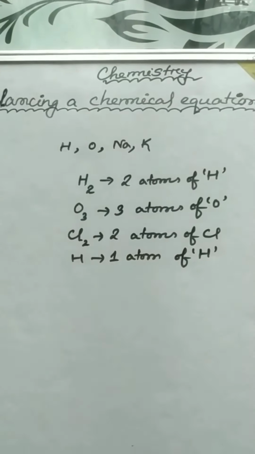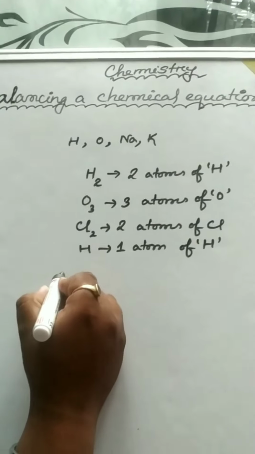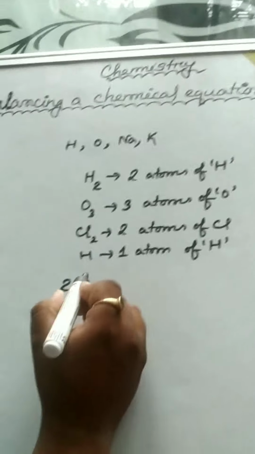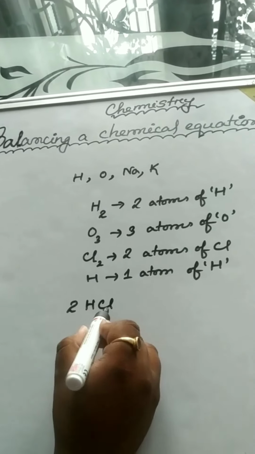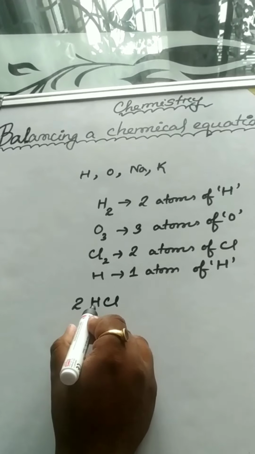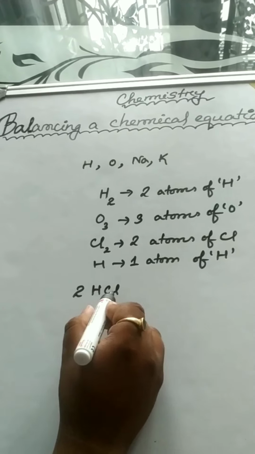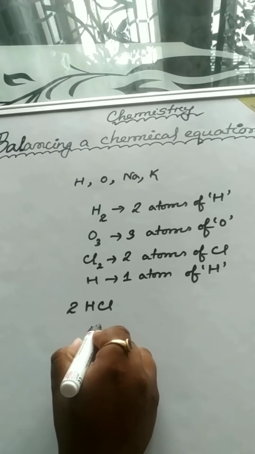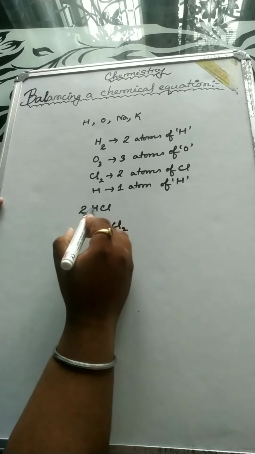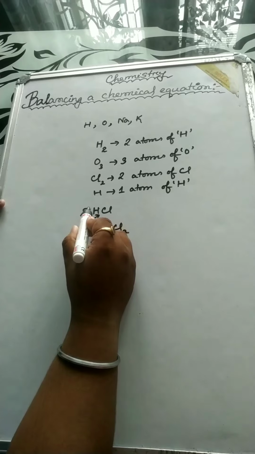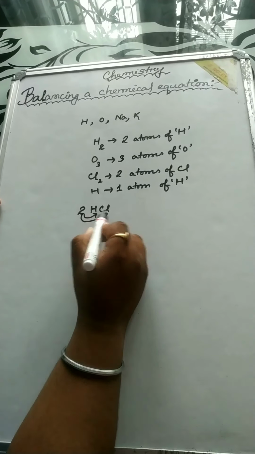One more thing: if I write 2 before HCl, which is hydrochloric acid, that means there are 2 atoms of hydrogen and 2 atoms of chlorine. This 2 is getting multiplied with each of these elements.